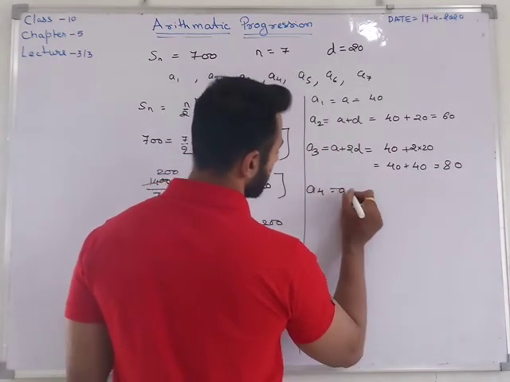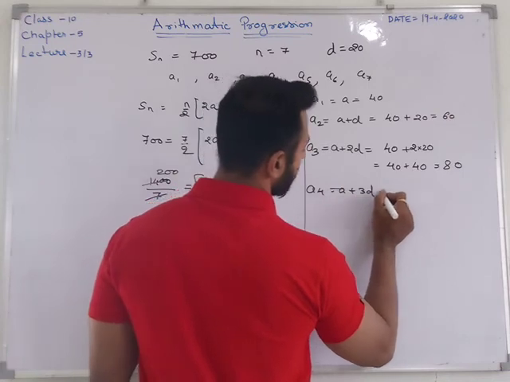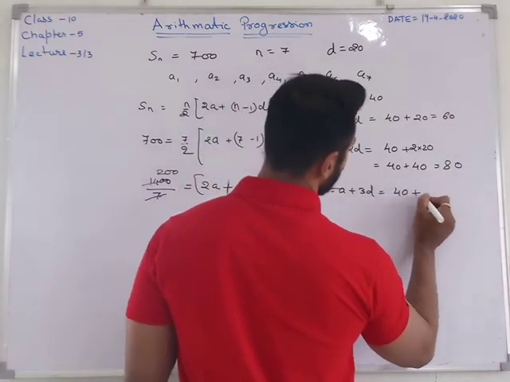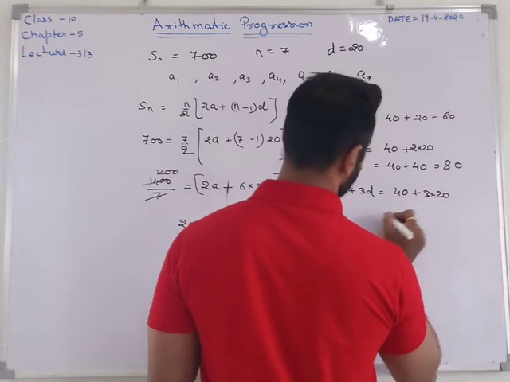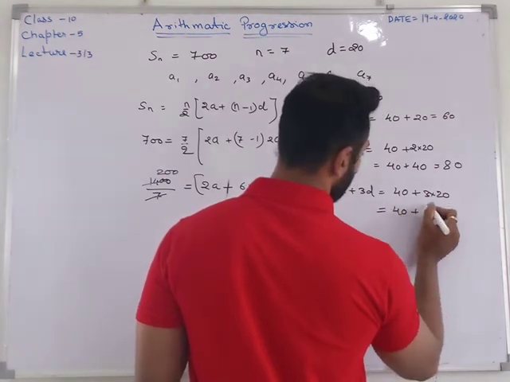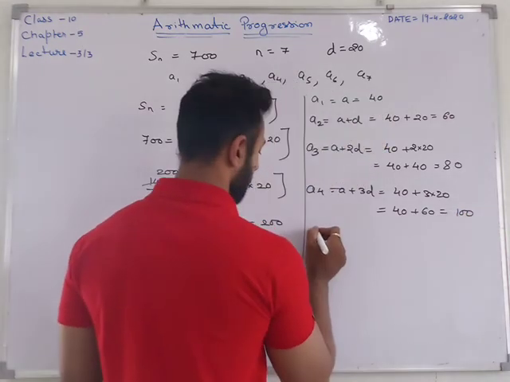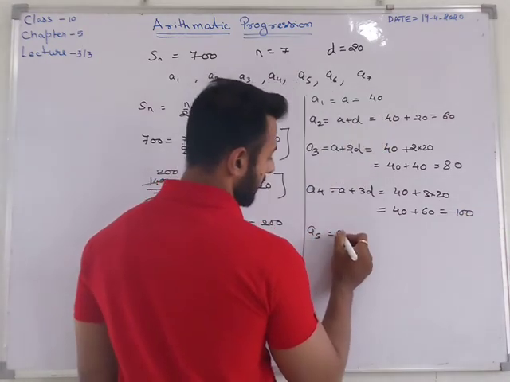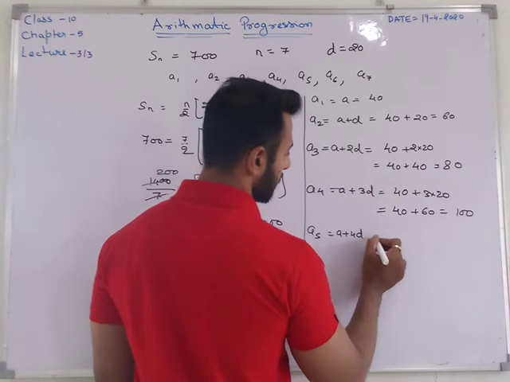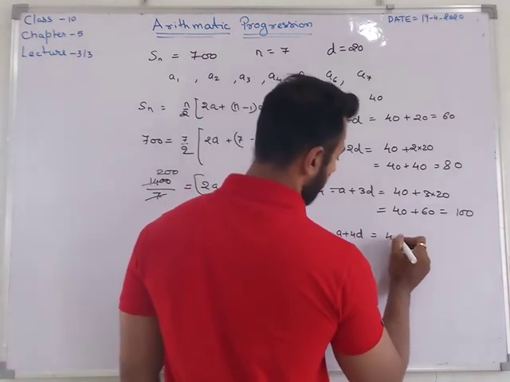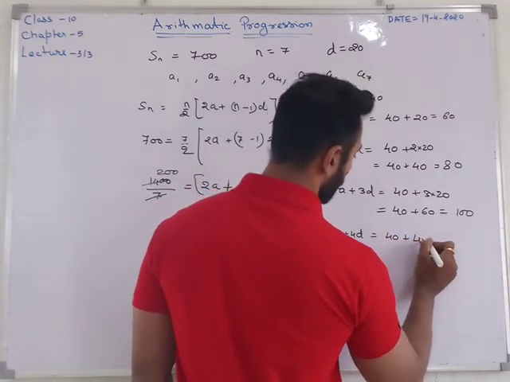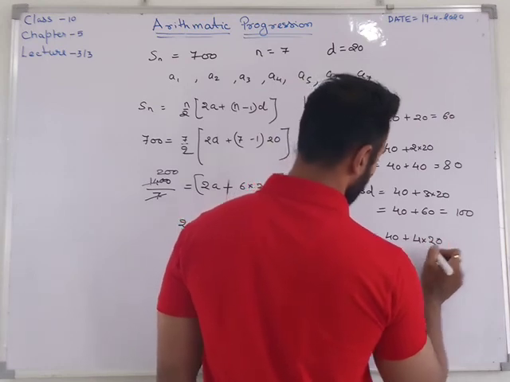A4 is a plus 3d. a is 40 plus 3 into 20. 40 plus 60 will be 100. A5 is a plus 4d. 40 plus 4 into 20.